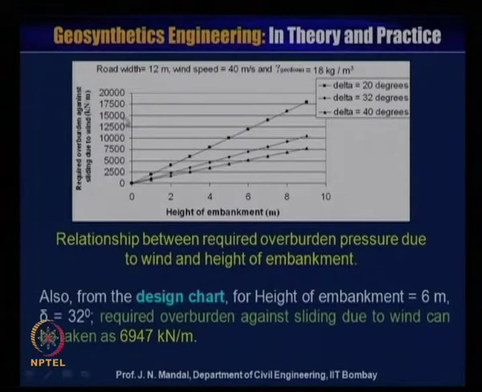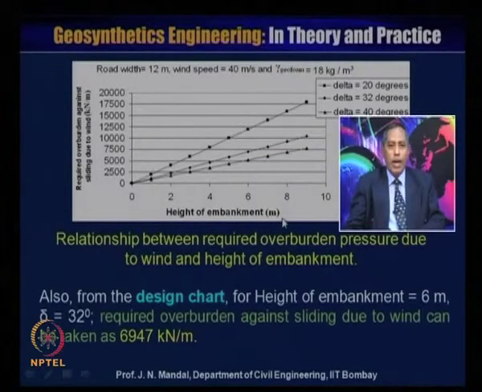This is with different delta values: 20 degree, 32 degree and also 40 degree. The x axis indicates the height of the embankment in meter, and the y axis the required overburden against sliding due to the wind load.